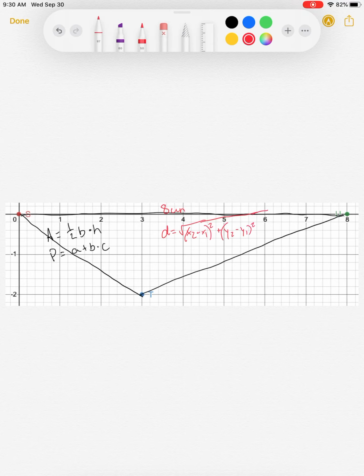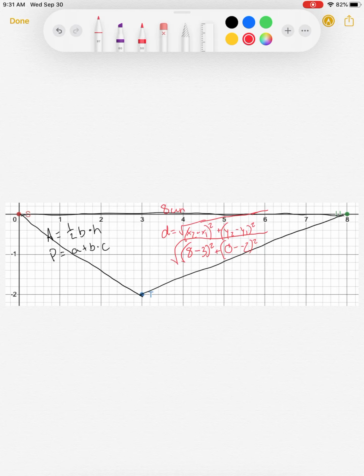Then we plug in our values. I'm going to use U as my sub 2's. So it's 8 minus 3 squared plus 0 minus -2 squared.